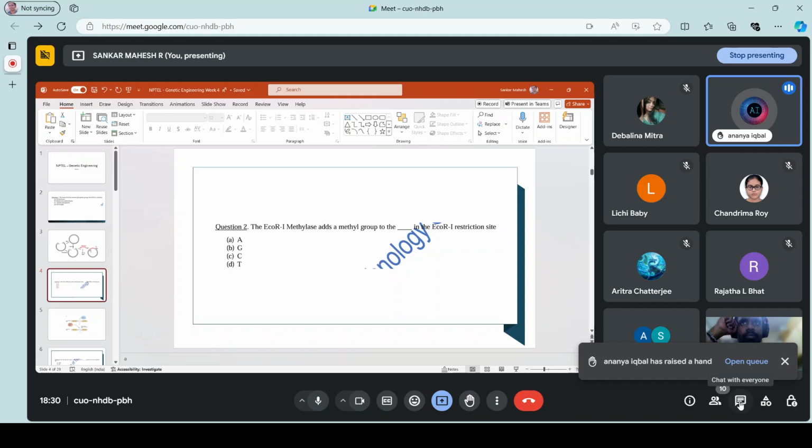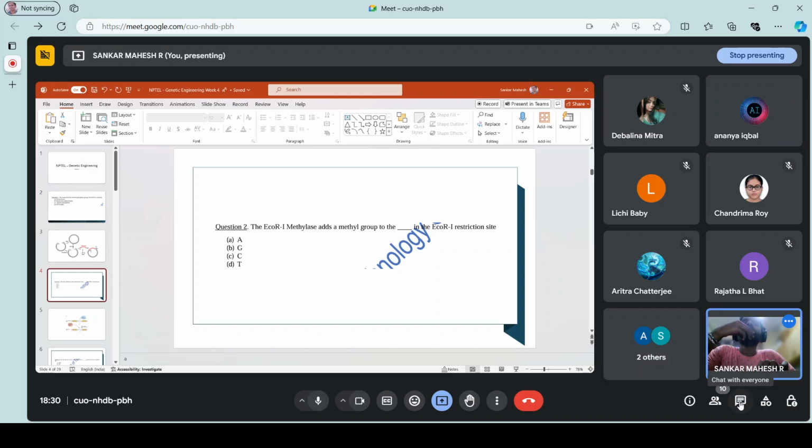The methyl group is added to the adenine, so as she said, it adds a methyl group so that the endonuclease does not bind and cut the DNA. Right. Now, do you also know which A it is? Okay, it's okay.